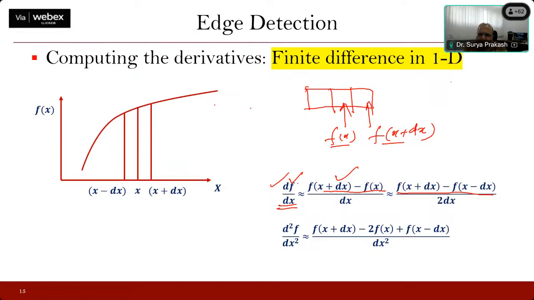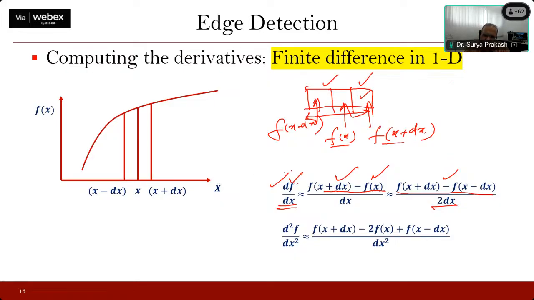Now you can also do it like this: this is f(x+dx) and this is f(x-dx). So you can compute the value by subtracting this value from this value and then dividing by the total length that you have here, which is twice the previous case, 2dx. So you can approximate this derivative like this also.